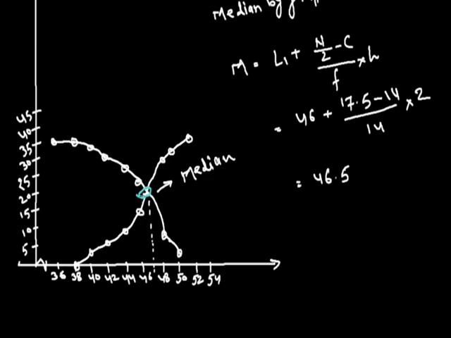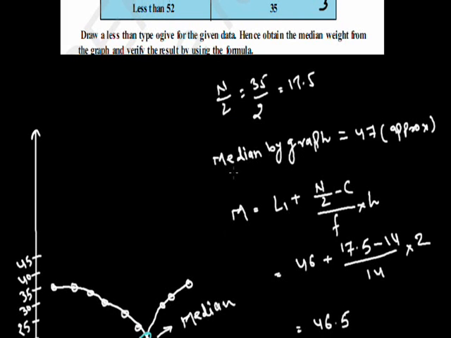According to the graph, I have drawn the perpendicular like this. It is in the middle of 46 and 48, so the median by the graph is approximately 47. According to the formula, the median is L1 plus n by 2 minus c upon f into h.